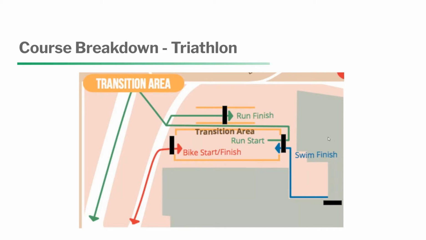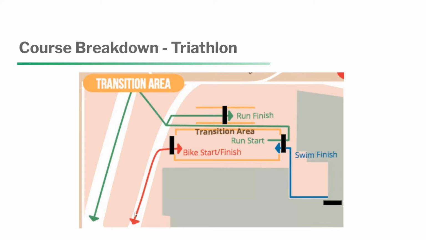So the first one is going to be a pool swim triathlon. So the concept here is you've got a mat at swim start. So let's just go ahead and assume that this is the swim start and the pool somewhere in here. They go swim and they come into TA. So from this mat to this mat is their swim time. And then you have from this mat to this mat, because this is bike in and out, is their T1 time.